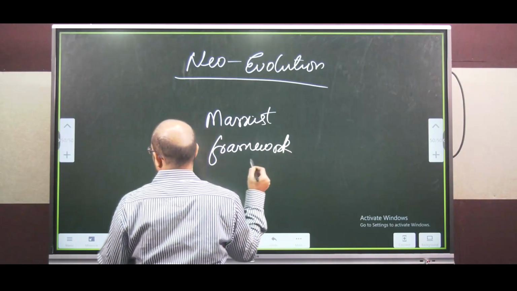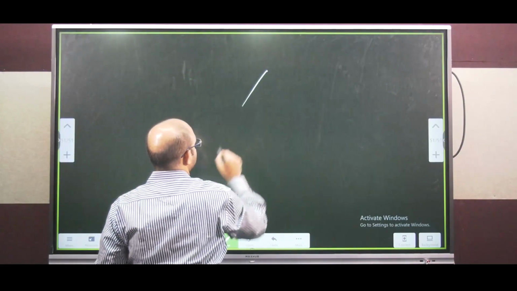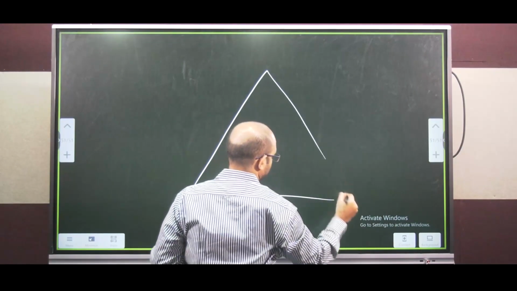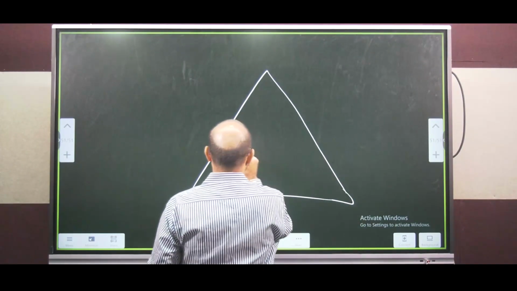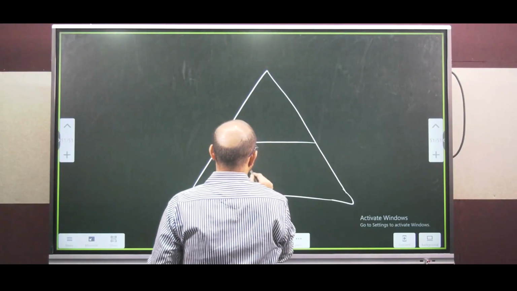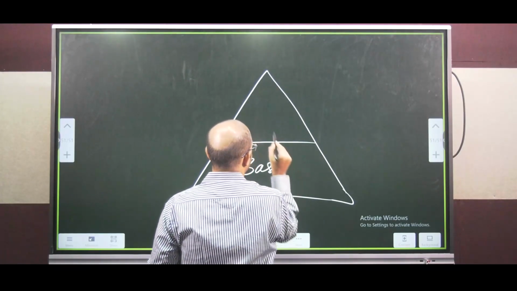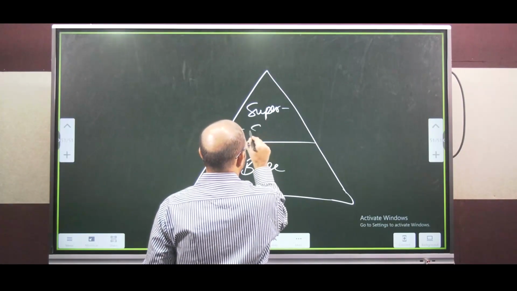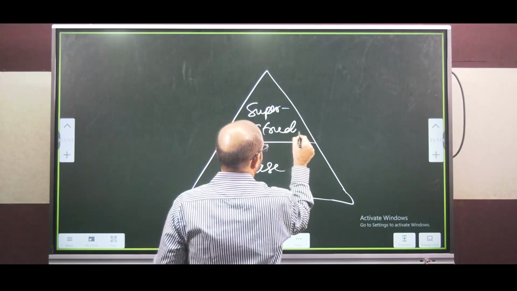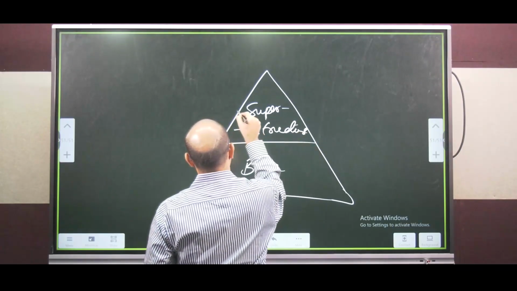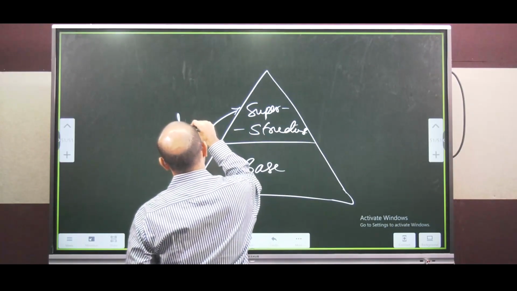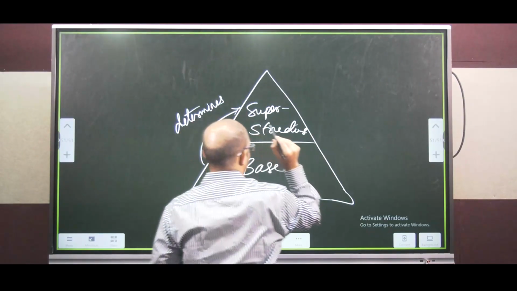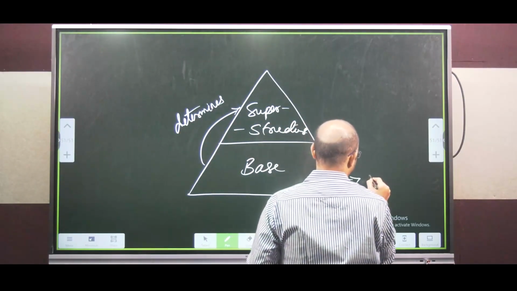What is the Marxist framework? The Marxist framework is something like this. They believe that society can be thought of in terms of base and superstructure, and they propose that base determines superstructure.